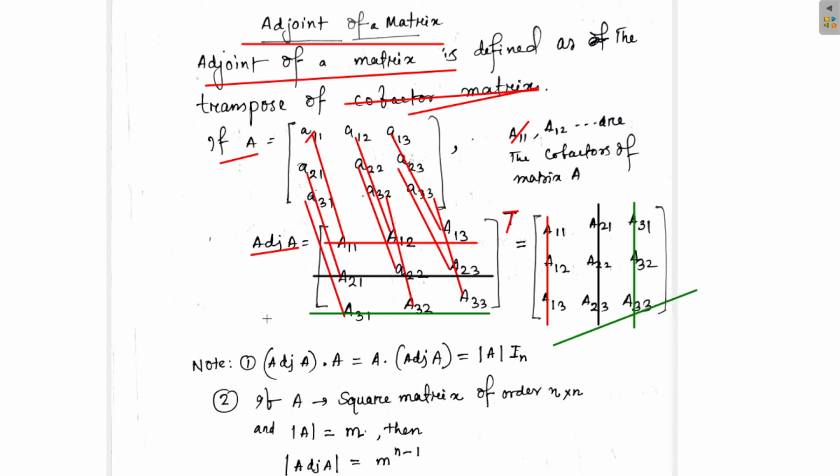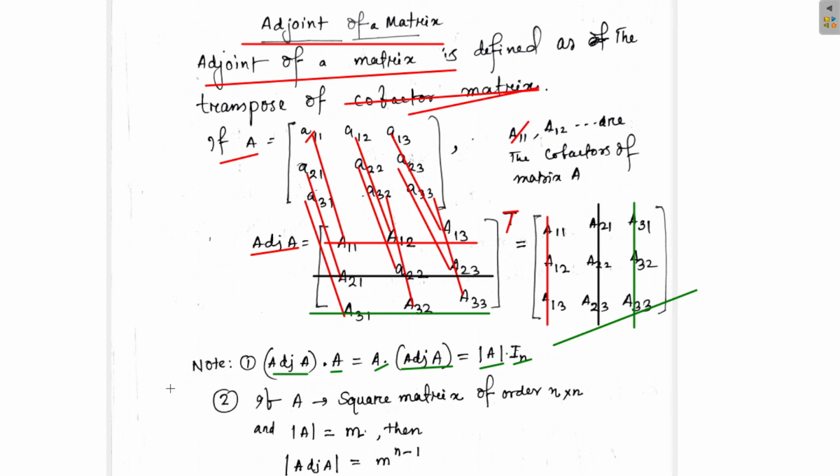There are some properties of the adjoint of a matrix. The first property is that if we multiply the adjoint of A with the matrix A itself, or otherwise multiply the matrix A with the adjoint of matrix A, this will give the determinant of the matrix A multiplied by the identity matrix of the same order.